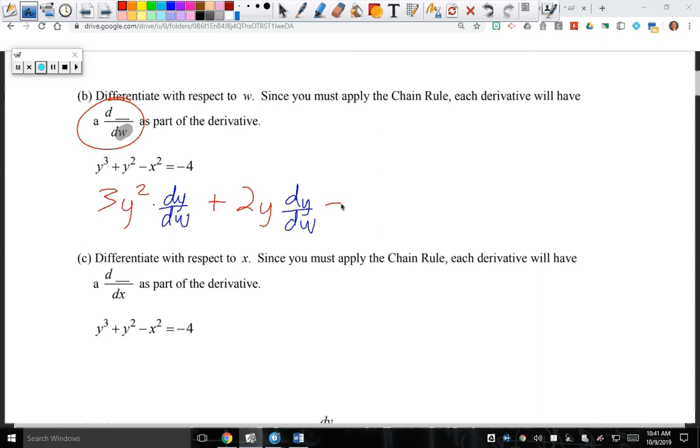And then minus 2x times dx over dw. You're not putting 1 because you haven't yet experienced dw over dw. So you still have that little differential piece, is what it's called, with this implicit differentiation stuff. Is equal to 0. Okay? Now you're going to start to see what this looks like here in just a bit, because we're going to go back to x.